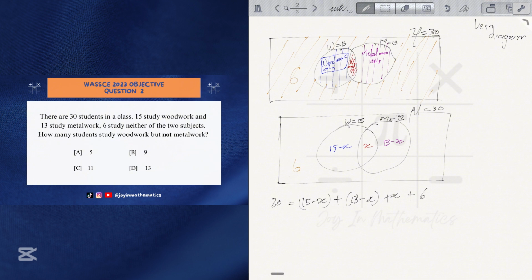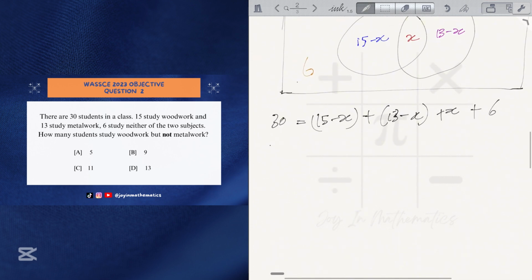So with that now we can evaluate the value of x. So 30 will be equal to 15 minus x plus 13 minus x plus 6.